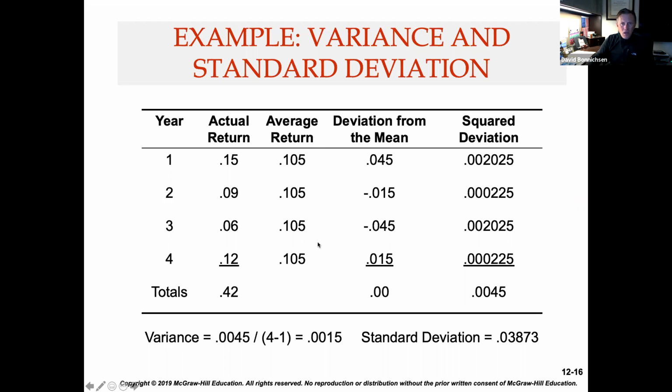What percentage of the possible outcomes are going to exist between the average return plus or minus 1 standard deviation, plus or minus 2 standard deviations, plus or minus 3 standard deviations.